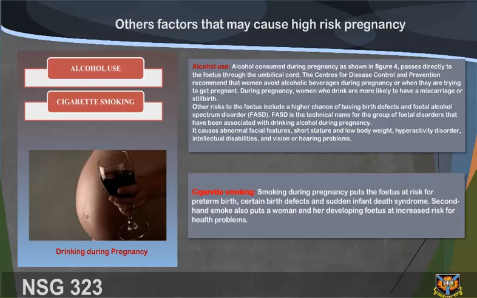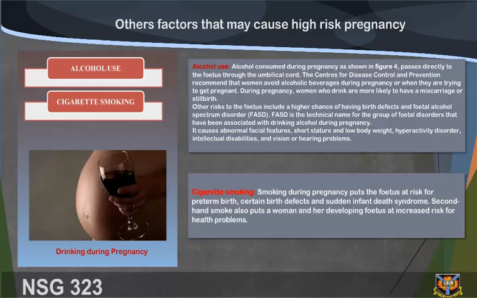FASD is the technical name for the group of fetal disorders that have been associated with drinking alcohol during pregnancy. It causes abnormal facial features, short stature, and low body weight, hyperactivity disorder, intellectual disabilities, and vision or hearing problems.